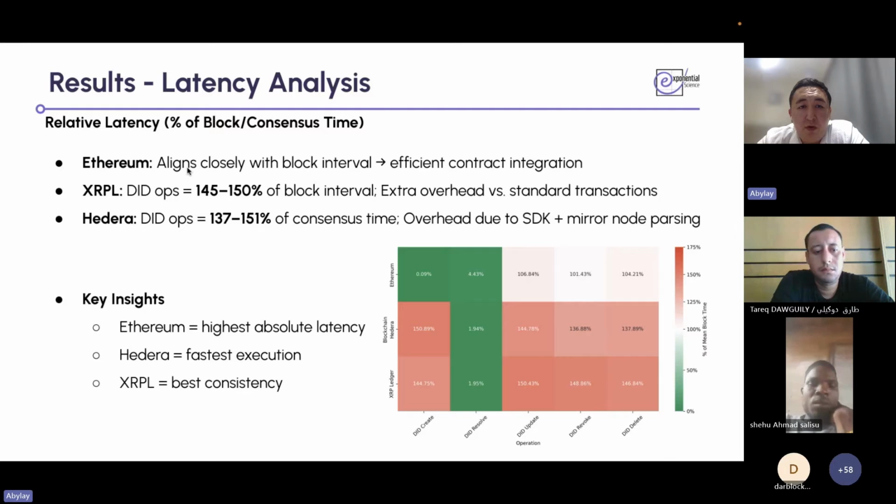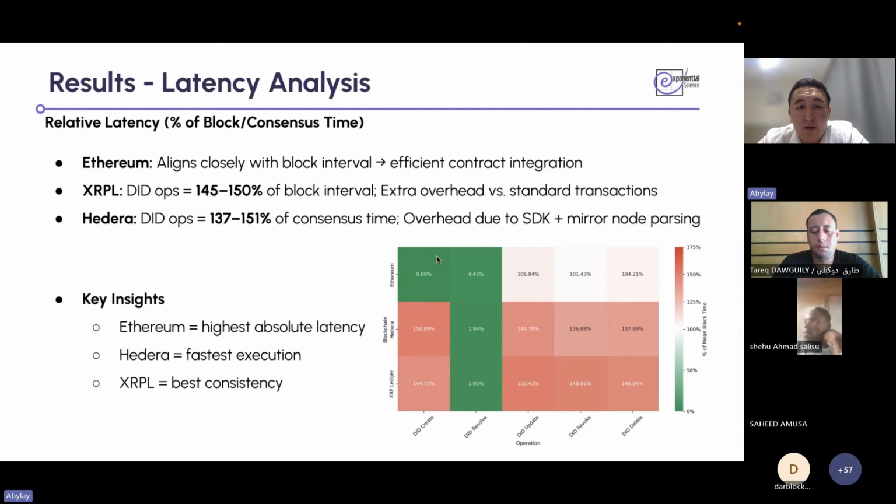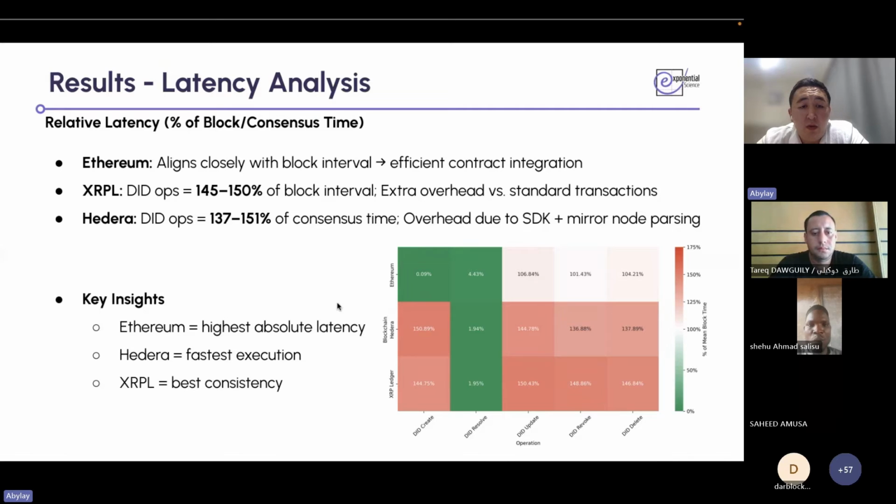As I said, Ethereum aligns closely with block intervals, while XRPL and Hedera show a 37 to 50% increase, which means there is some overhead due to the SDK and also mirror node parsing and so on.